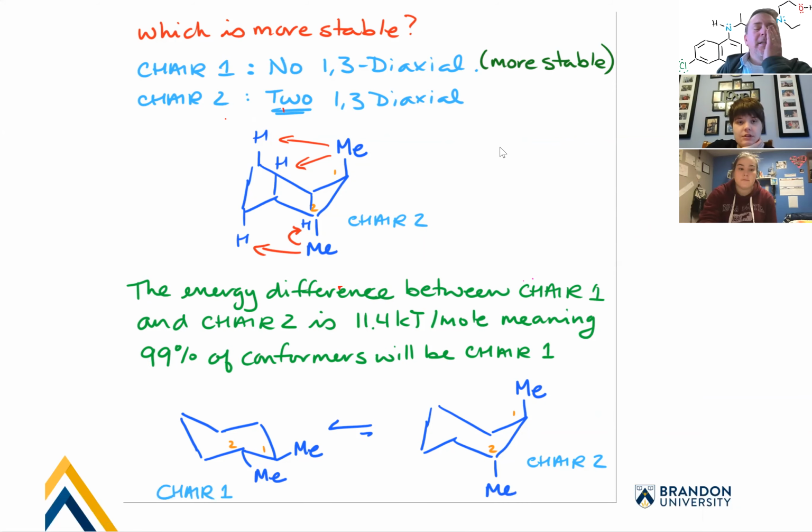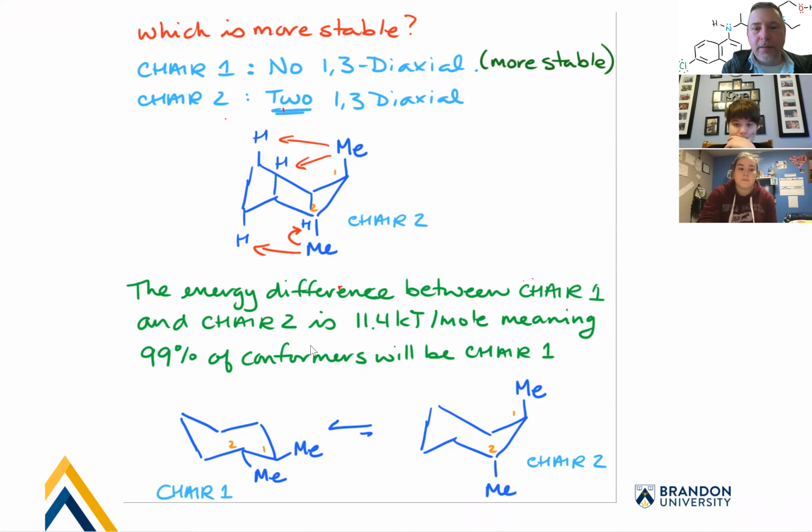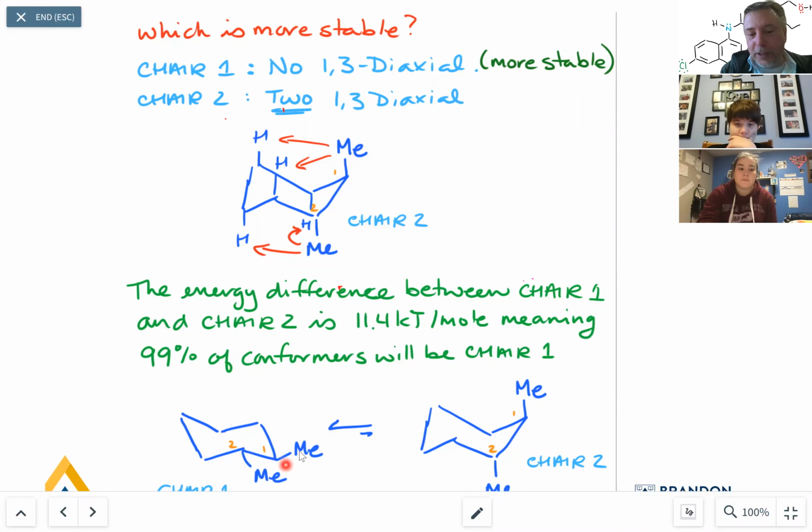So it turns out that, that's a good question, if the two groups are on carbons right beside one another, this methyl group and this methyl group are on adjacent carbons, they actually do have a gauche interaction like this, but there's only one. So that would be 1/2 of the energy associated with this methyl group interacting with the proton here and the proton here.